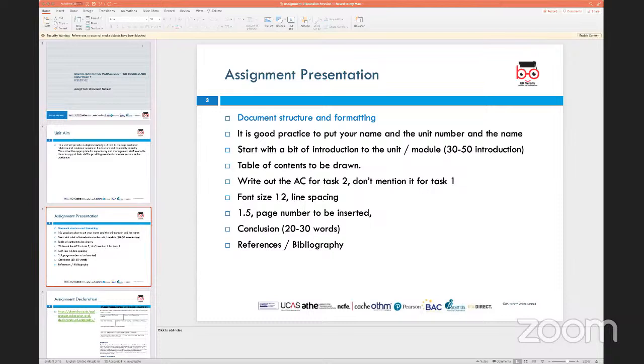would essentially be referenced using Harvard referencing, and that Harvard referencing that you're going to be doing is primarily going to follow the author-date style format.